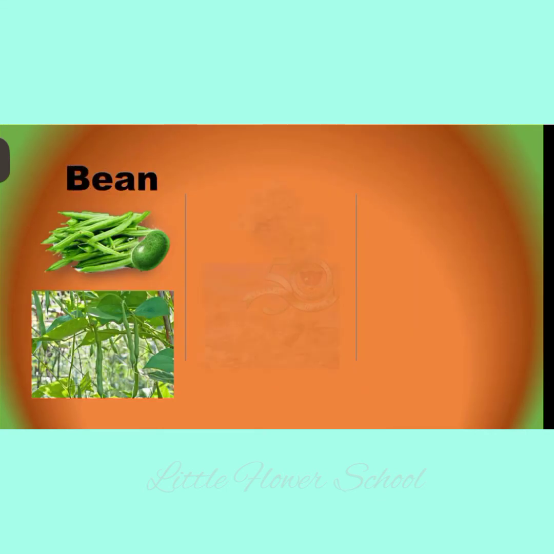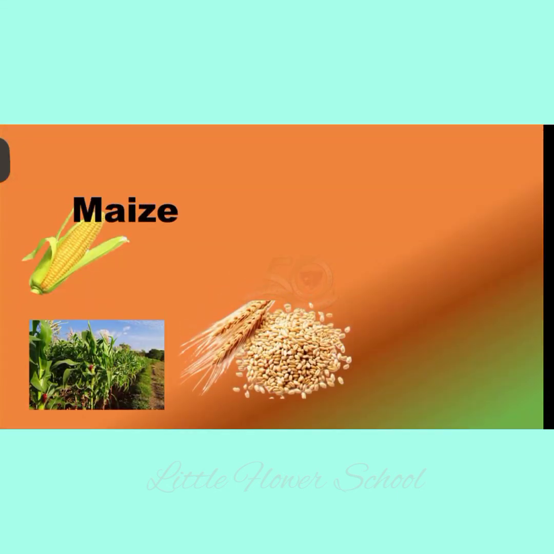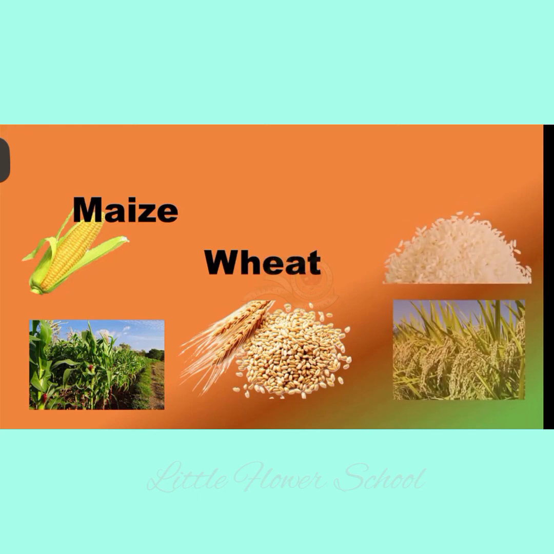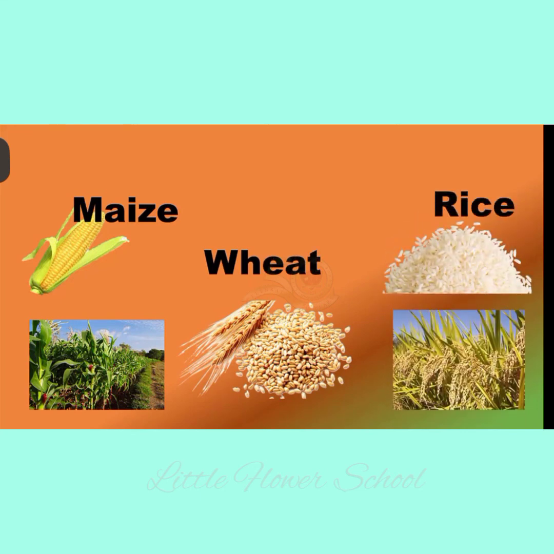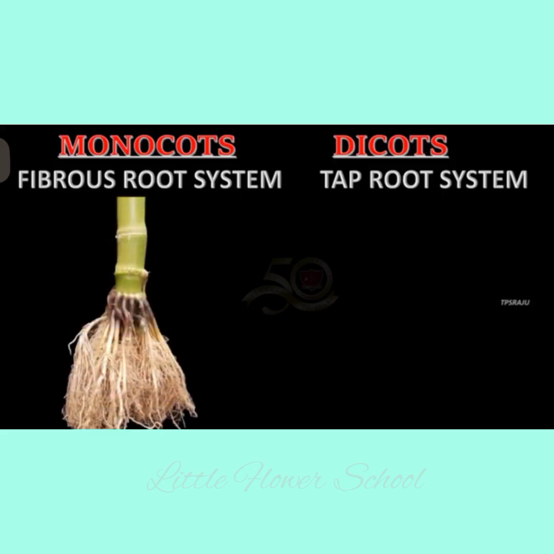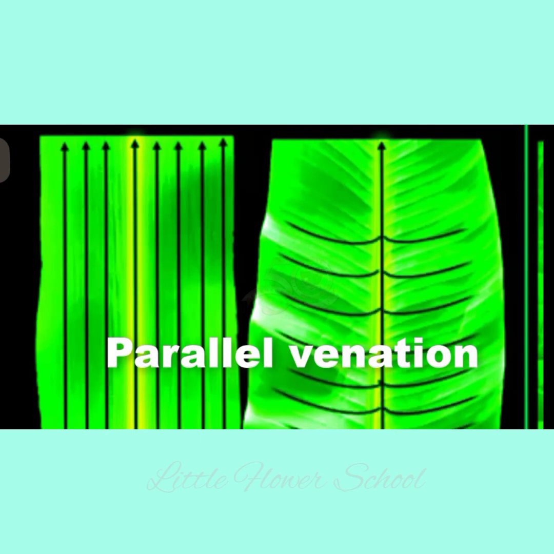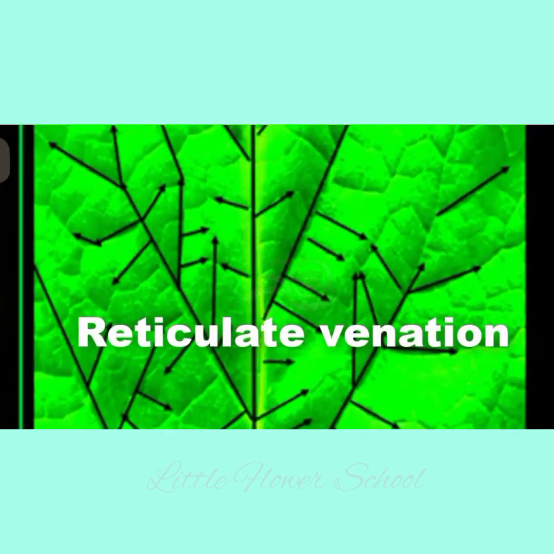Bean, castor, pea maize, wheat, rice or dicotyledon plants. Monocots have fibrous root system, whereas dicots have taproot system. Monocot leaves have parallel venation. Dicots have reticulate venation.